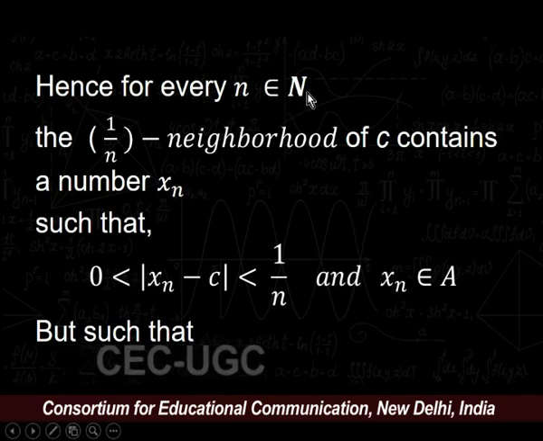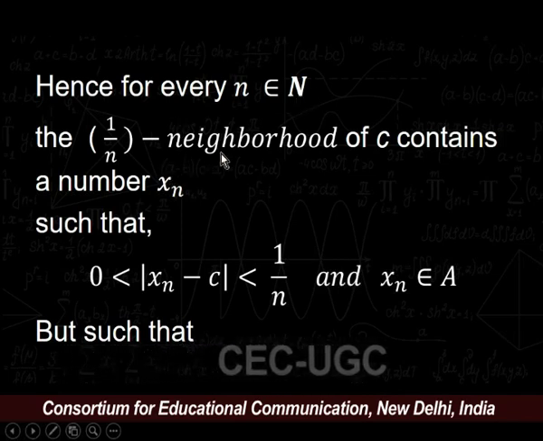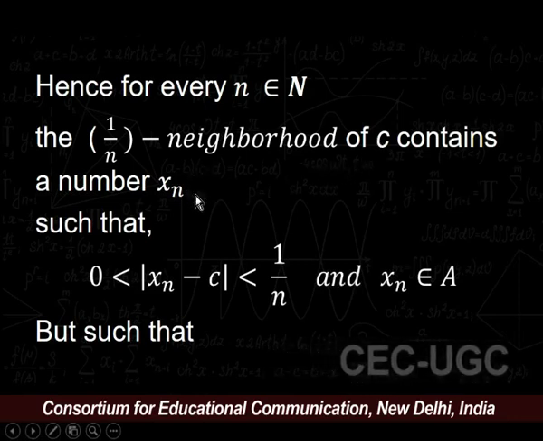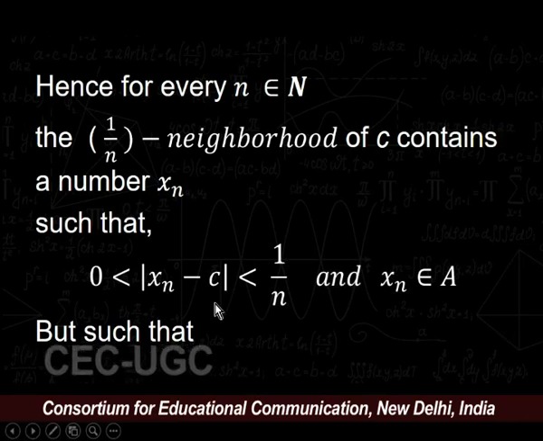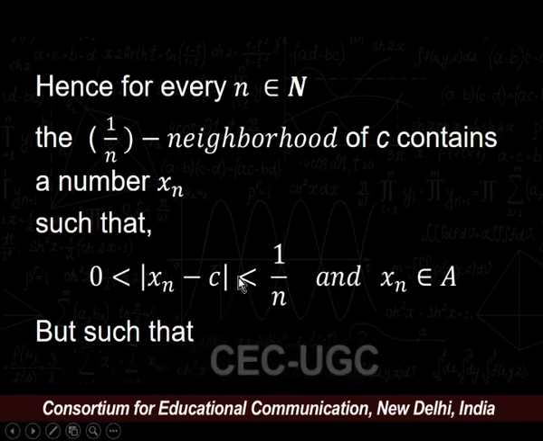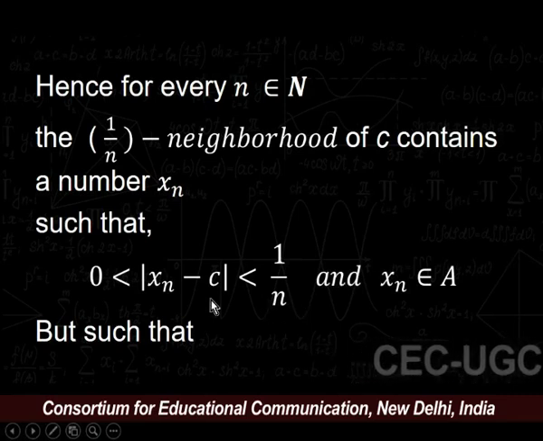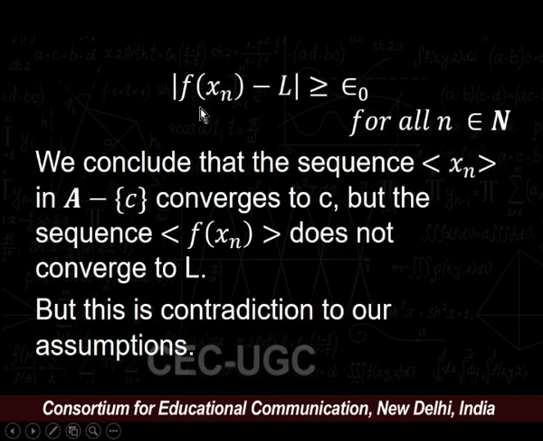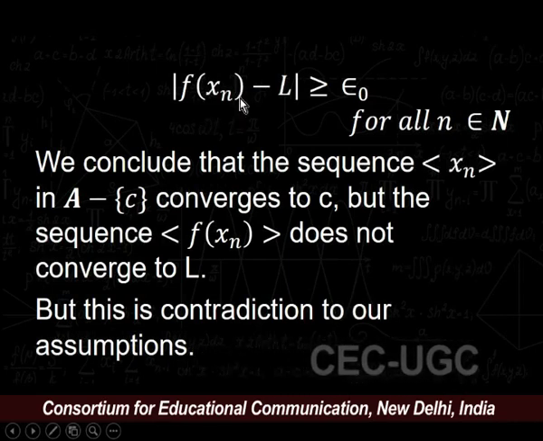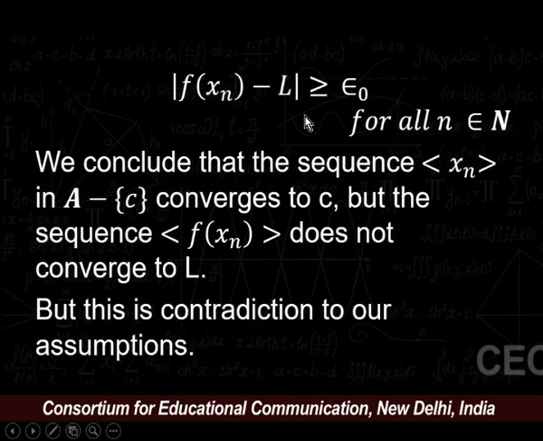Hence, for every n belongs to natural numbers, the 1 upon n neighborhood of C contains a number xn, such that 0 is strictly less than modulus of xn minus C, which is strictly less than 1 upon n, and xn belongs to A, but such that modulus of f of xn minus L is greater than or equal to epsilon naught for all n.